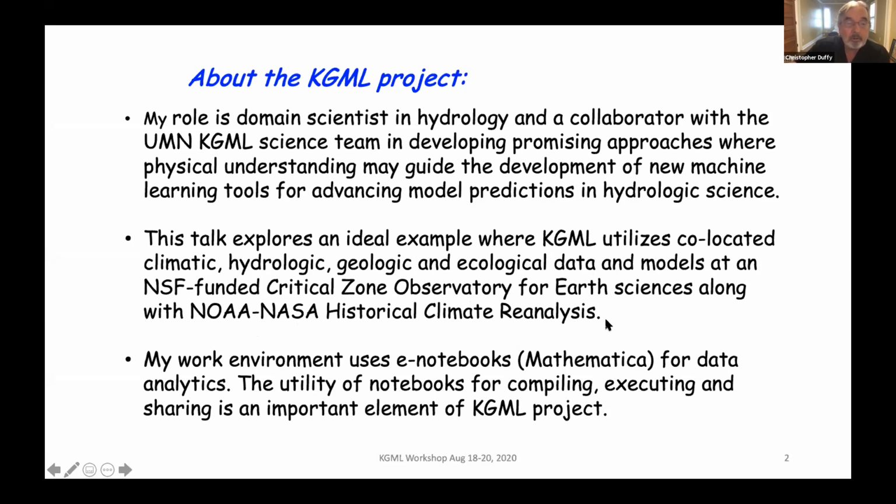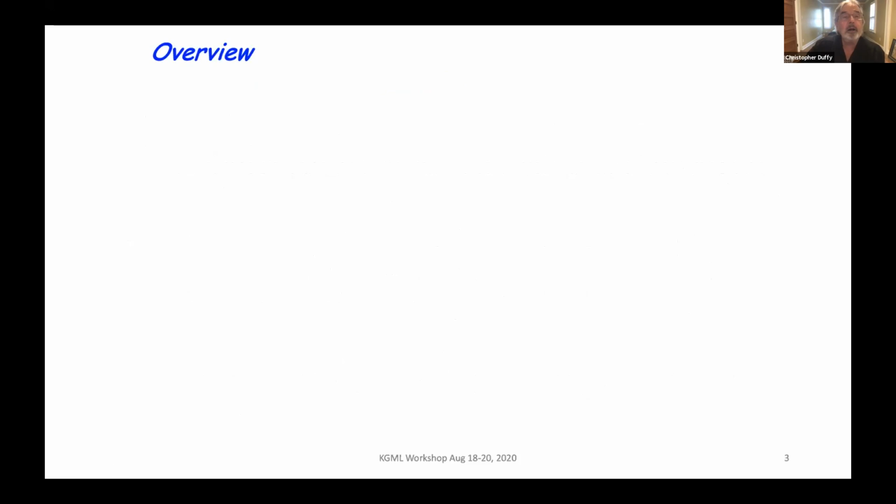Just as an aside, my work environment uses e-notebooks, in particular Mathematica, for data analytics. I make the comment because I believe the utility of notebooks for compiling, executing, and sharing the results of KGML is going to be important in the future for our colleagues to make advances as well.